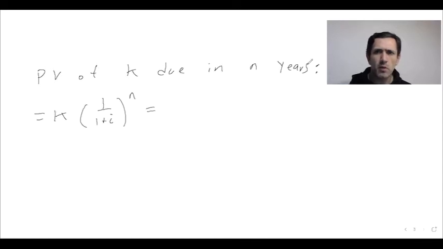So this present value is equal to this here, which is also k times (1 minus d) to the n.